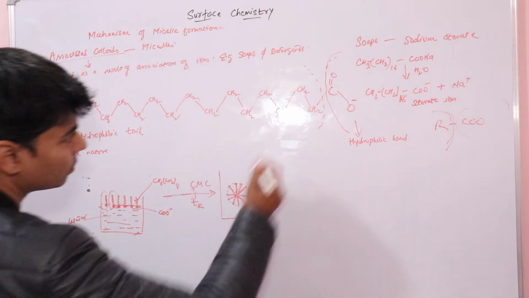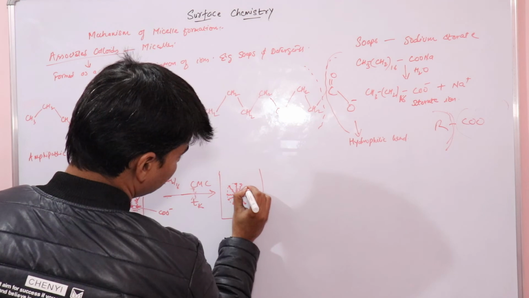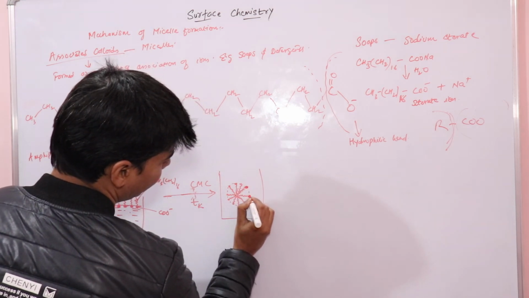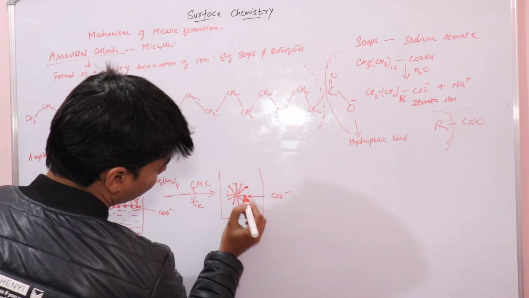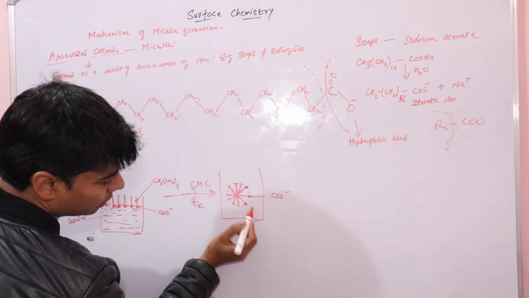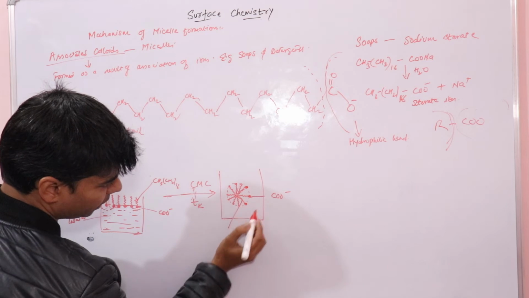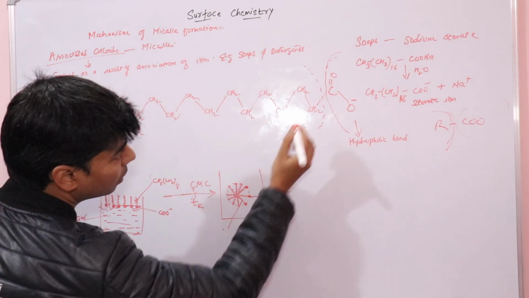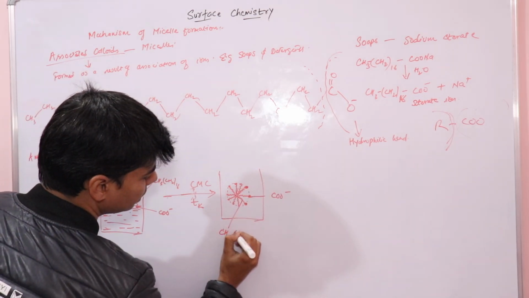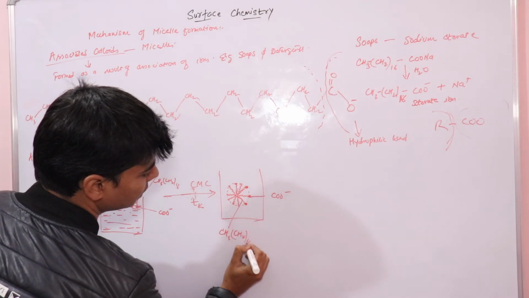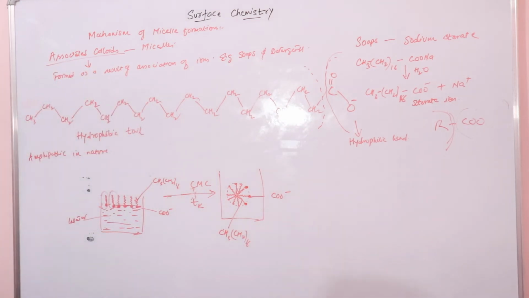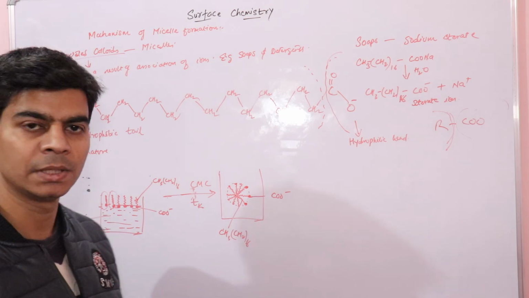This is your hydrophilic head, COO minus. And this wavy line is your CH3 CH2 whole 16, this part. So this is your ionic micelle.